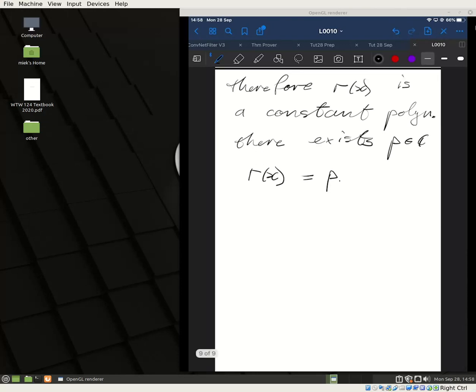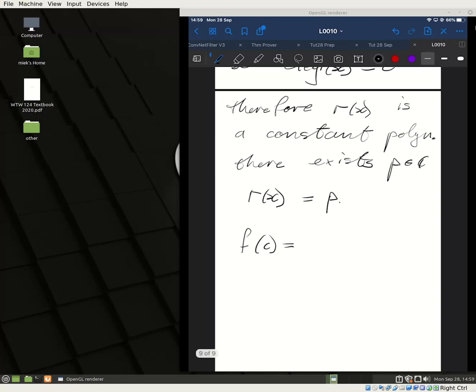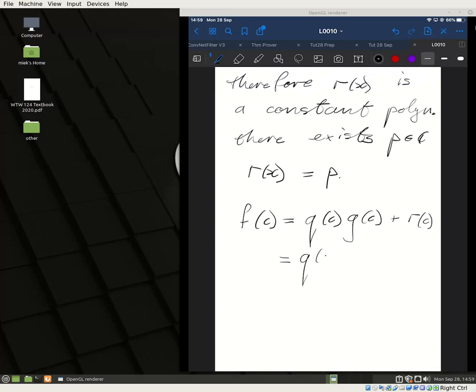Okay, so now let us show that f of C is actually equal to this p. So f of C, what is that? We are going to take q(C) times g(C) plus r(C). But here we've got q(C).